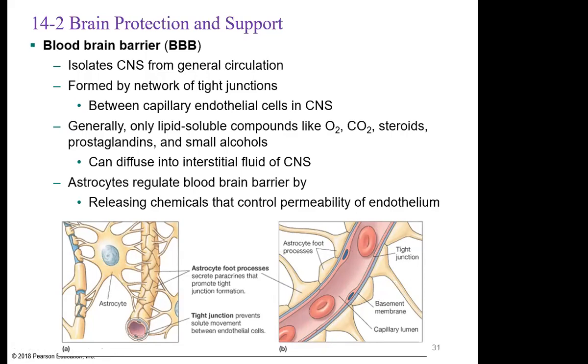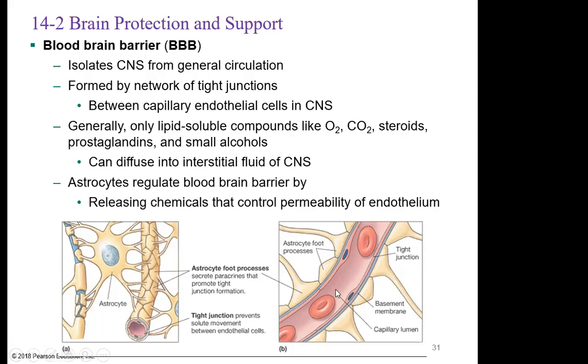So the endothelial cells being very tight, the astrocytes being very tight, means that only certain things, these lipid-soluble compounds like oxygen and carbon dioxide, etc., can diffuse into the interstitial fluid of the central nervous system. And like I said, those astrocytes will help regulate that by releasing these chemicals that control the permeability of the endothelium.